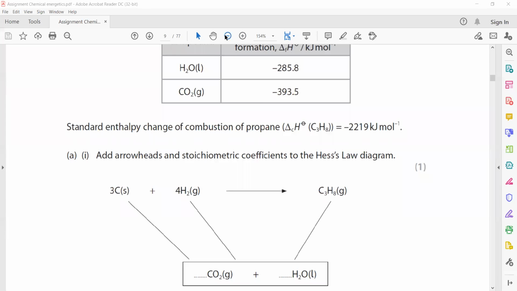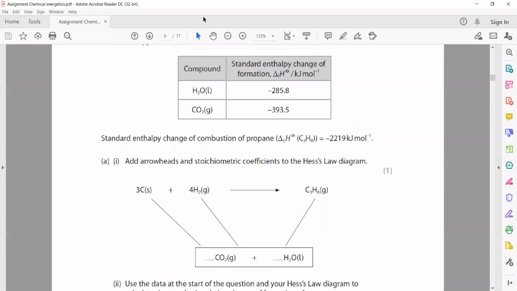So when we complete the arrows, hydrogen reacts with oxygen to form water, so there must be oxygen as well, O2. Same thing, carbon reacts with oxygen to form carbon dioxide, so there must be oxygen as well.